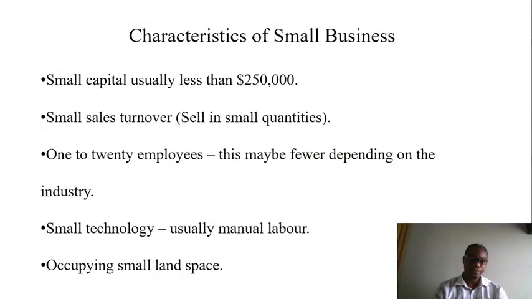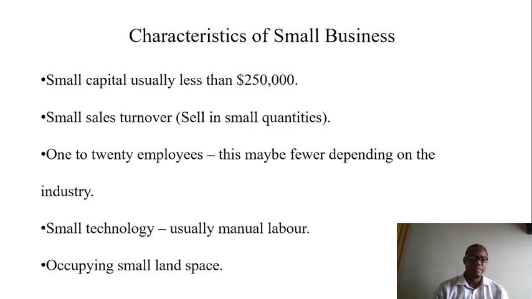All right, so let's talk about small business. In this section we'll be talking about small businesses and the growth, and how growth impacts small businesses. Now, what are some of the features or characteristics of small businesses? Small businesses generally have a small amount of capital, maybe less than 250,000.